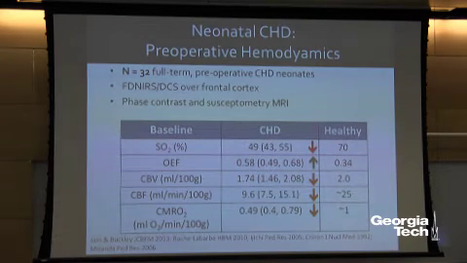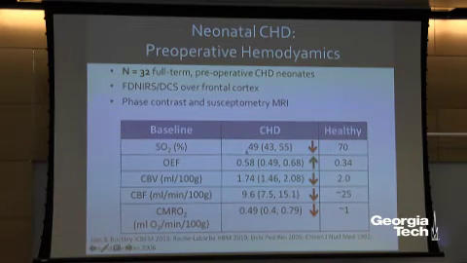So using this preoperative data, we characterized, for the first time, just resting state hemodynamic and metabolic parameters. So here I'm reporting our heart disease cohort as well as literature values for healthy infants, which are really sparse because nobody would do these measurements in a healthy baby, but there are very few publications out there.